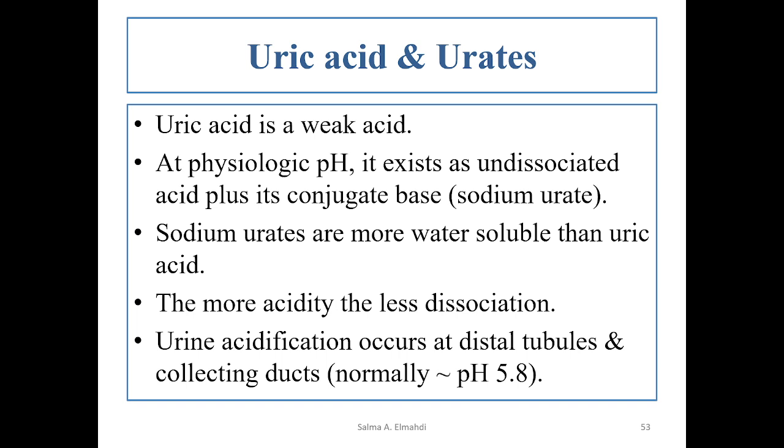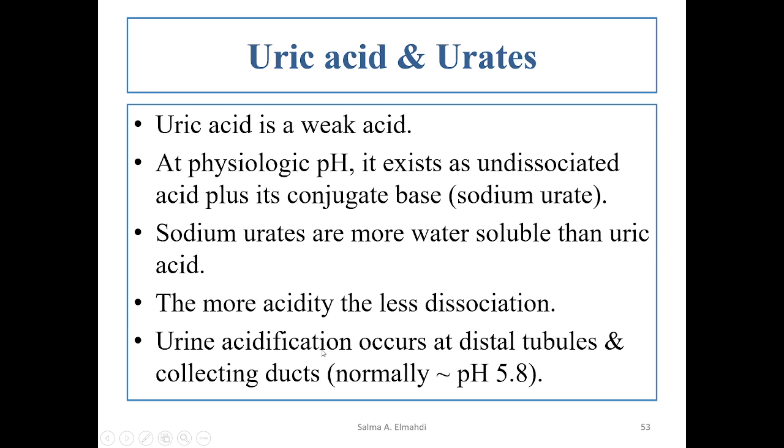Uric acid is a weak acid, and at physiologic pH, it exists as undissociated acid plus its conjugate base, which is sodium urate. It is urates in general, but because sodium is the main extracellular cation, it will be present as sodium urate. Sodium urates are more water soluble than uric acid. The more acidity, the less dissociation.